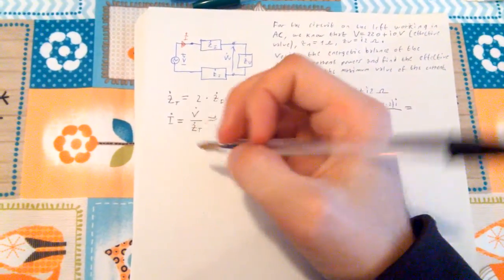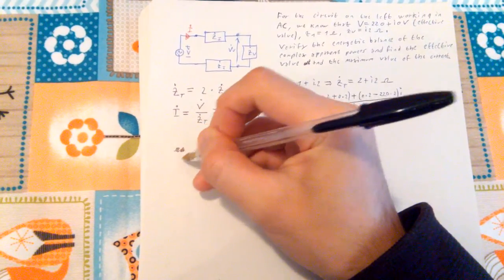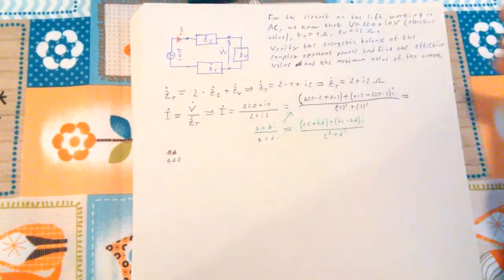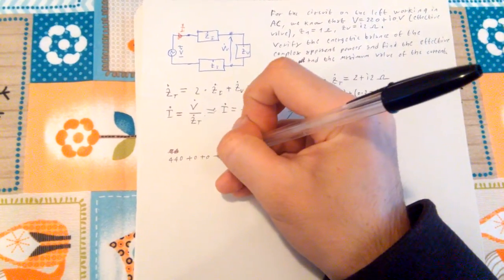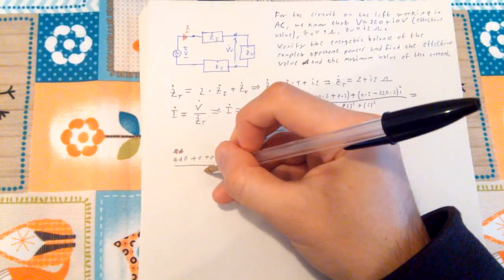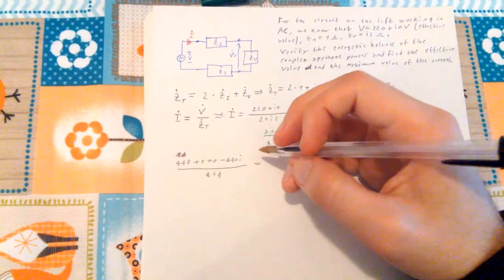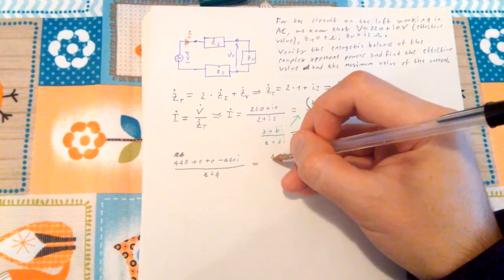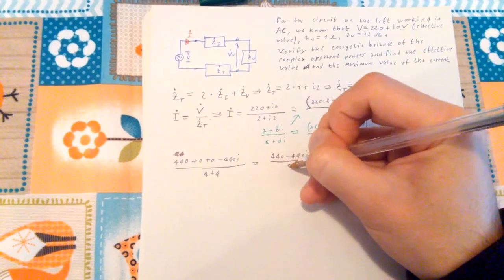So what do we get? Well, we get 440 plus 0 minus 440i, everything over 4 plus 4. So this gives us 440 minus 440i over 8.